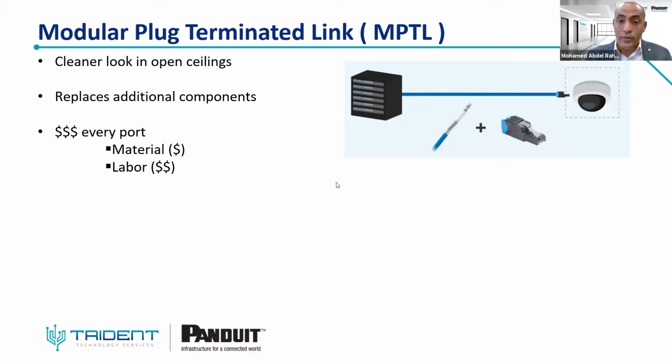It is now approved and included in the TIA 568, which recognizes the MPTL. You can have approved direct connections to LED lighting, security cameras, sensors, access control, so you can use the MPTL.